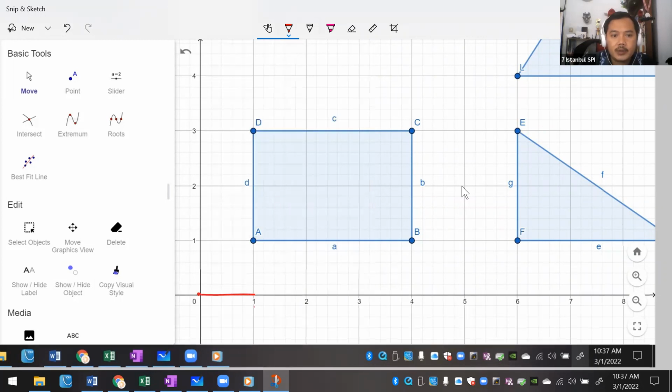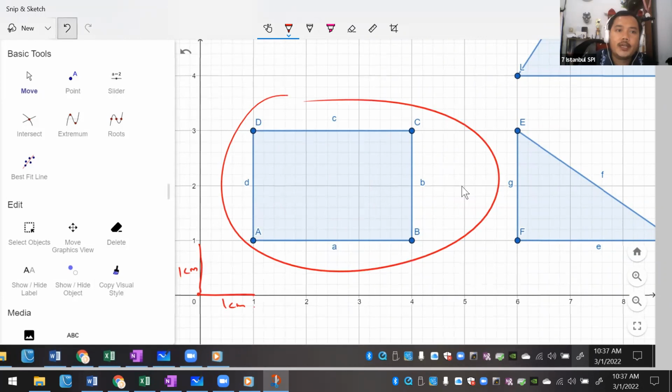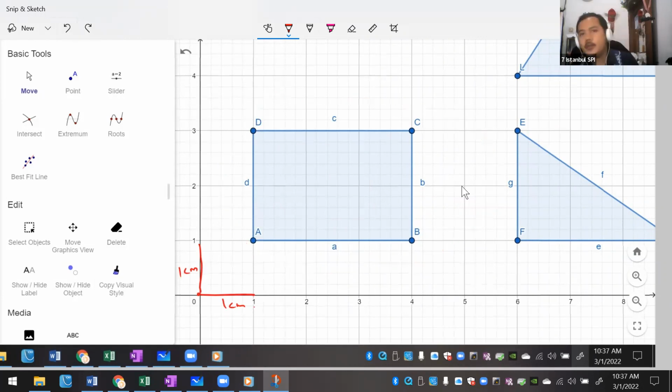From here to here is 1 centimeter, and here to here is also 1 centimeter. I'm not going to tell you anything about it because I'm pretty sure you have already learned this in grade 4, 5, or 6.